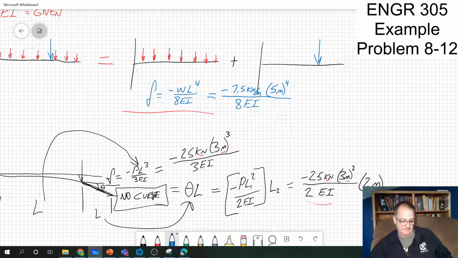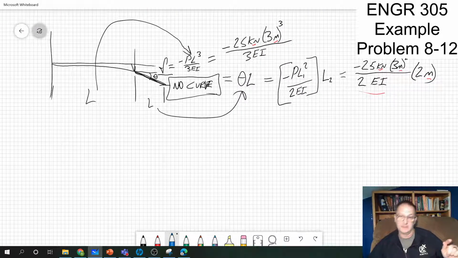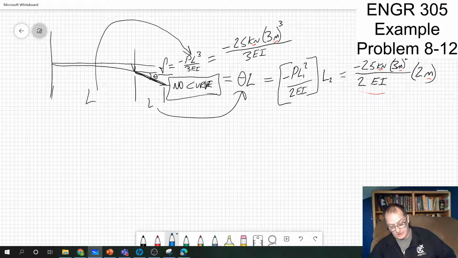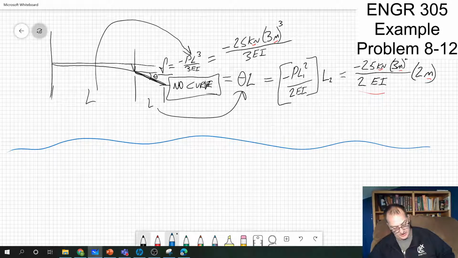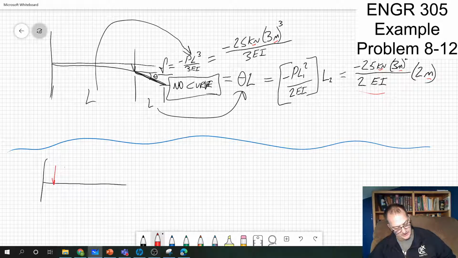All right. Let's summarize here, because we're going to put this all together now into one big answer that's comprehensive. Here's our overview of the problem. I took this beam, which had, oh, sorry, I was going with a distributed load, and I grabbed the wrong color. I grabbed the color for the point load. I have this beam with a distributed load and a point load.